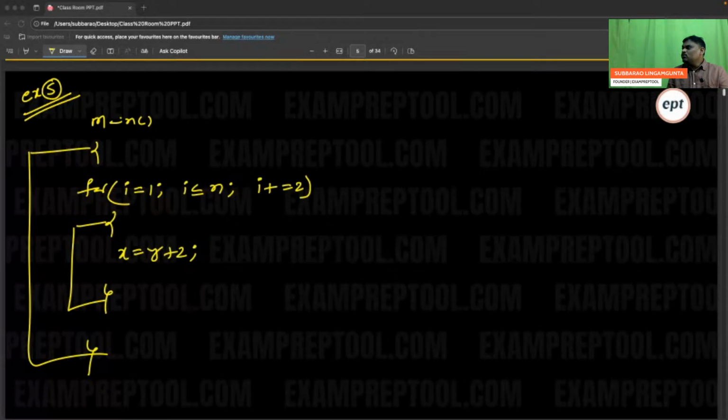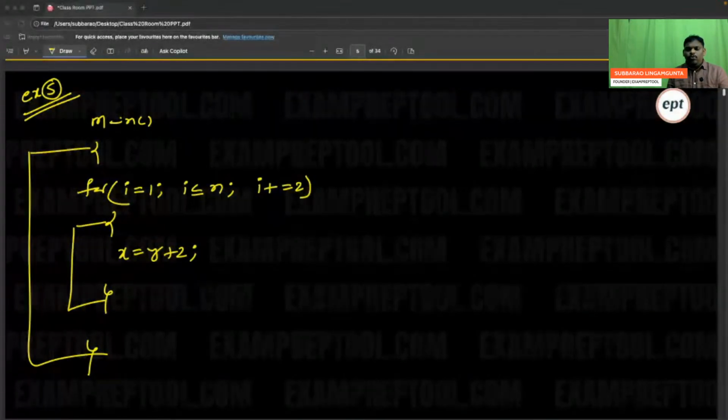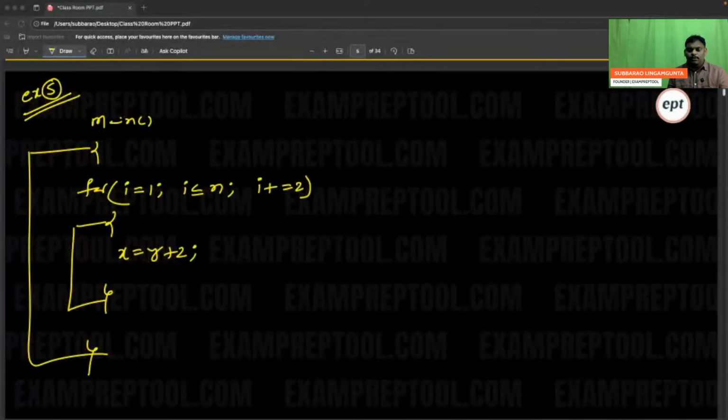Time complexity means loops only. If more loops, bigger loop. Try this one. This program's time complexity, how much? It's going to be interesting.